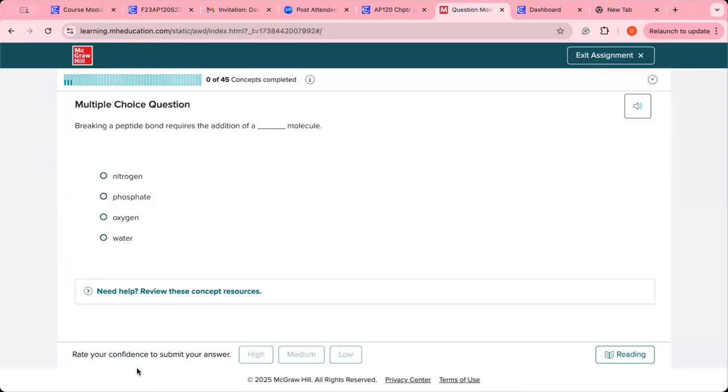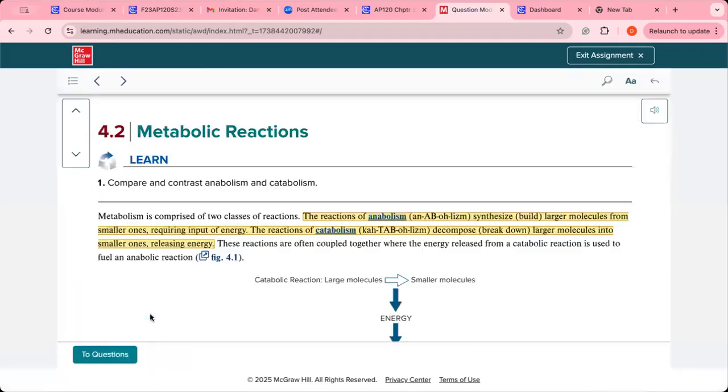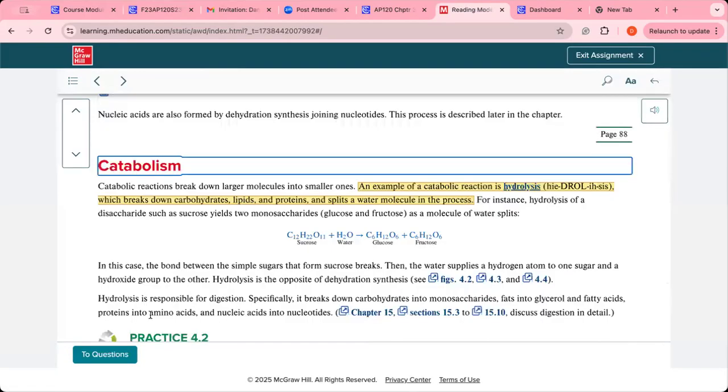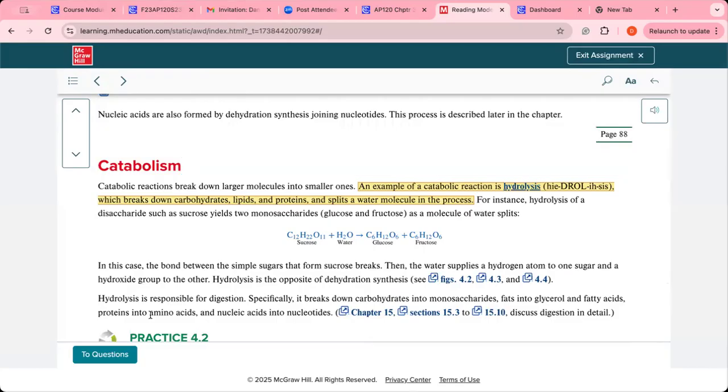All right. Breaking a peptide bond requires the addition of a what kind of molecule? I don't know this one either. You have to read it and find out. Okay, catabolic reactions break down larger molecules into smaller ones.